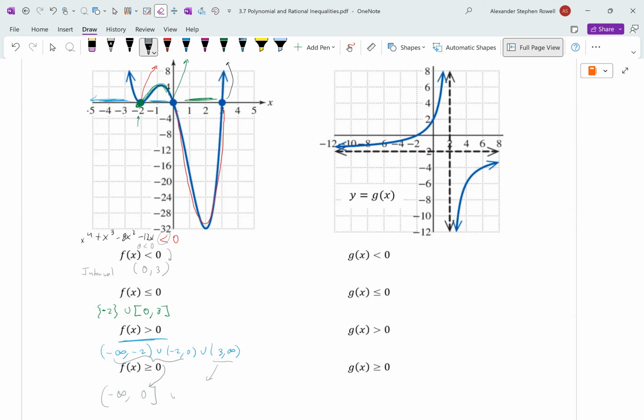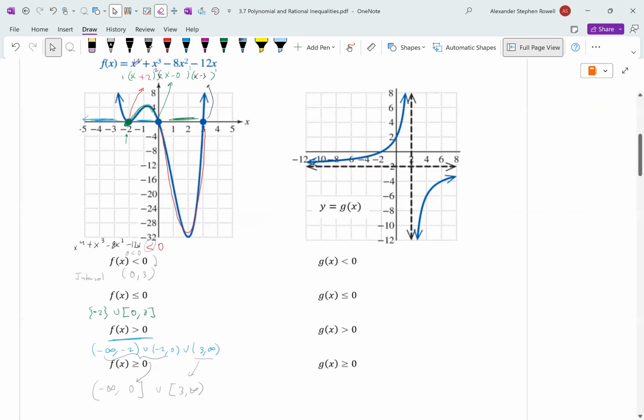And this one would be union, include 3 to infinity, because it can equal 0. All right, any questions about that? Because it can equal 0, because of this line here. Okay. Strict inequality, don't include the endpoints. Any other questions?